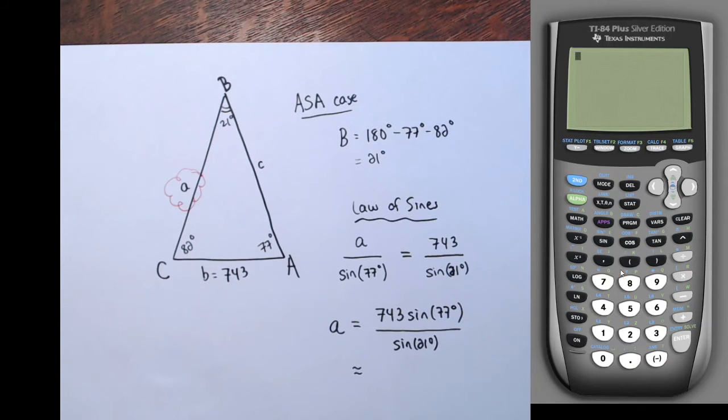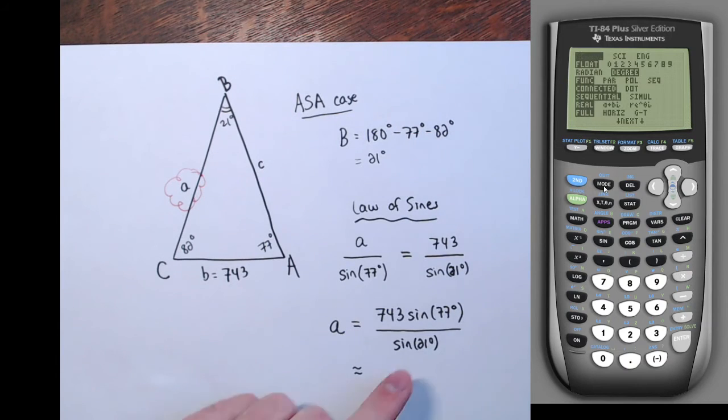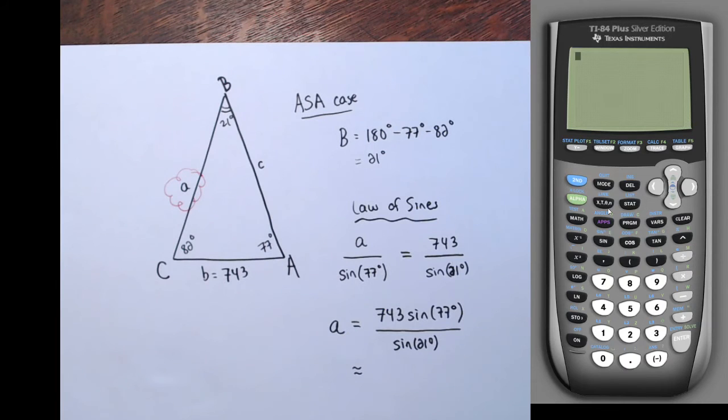So I'm going to punch this into my calculator. Make sure my angles are in degree measure. I'm going to make sure I'm in degree mode first, which I am. 743 times the sine of 77 degrees divided by the sine of 21 degrees.